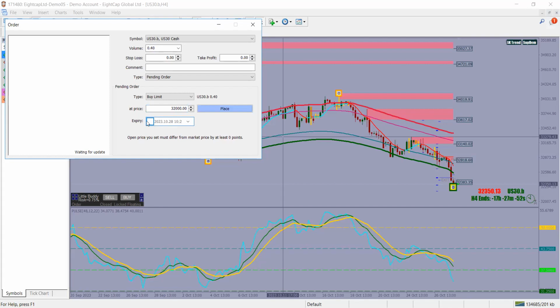Also, here, if you ever need the expiry. For anybody swing trading or doing intraday trading, and you want to buy at a certain level, sometimes the market isn't moving in your direction, or your order was never hit, and you don't want that order to still exist.